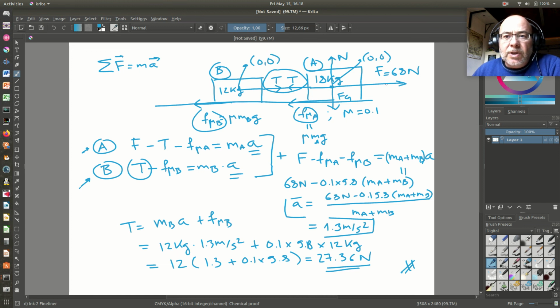So all forces to the right minus all forces to the left, that's what the sum of the forces in Newton's second law really means, equal to the mass of the object times acceleration, which, as everything is dragging as a whole, the acceleration on A is the same as the acceleration on B. Okay, and that was the solution to the problem.